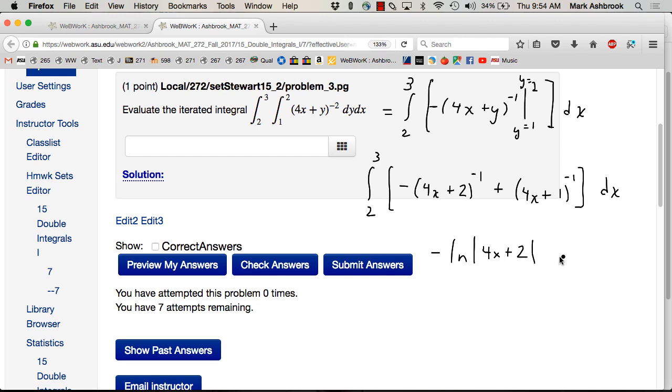And then do I have the negatives right? Yep. And then plus natural log of x plus 1. And that whole thing evaluated from 2 to 3. So you're going to plug 3 into that whole thing, and then you're going to plug 2 into that whole thing and subtract.